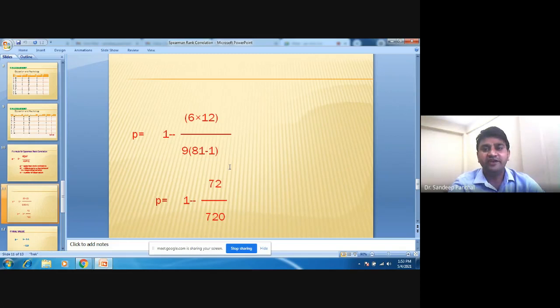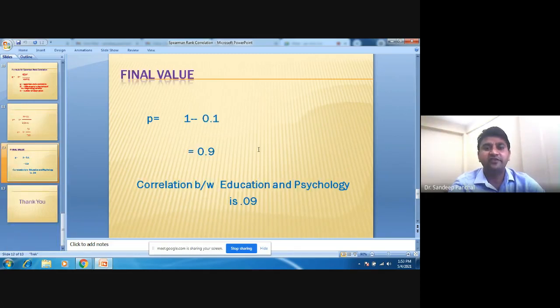So finally you have the final value in front of you, that is 0.9, which indicates that there is a positive correlation between the education and psychology courses. So in this way, you can understand the Spearman rank correlation.